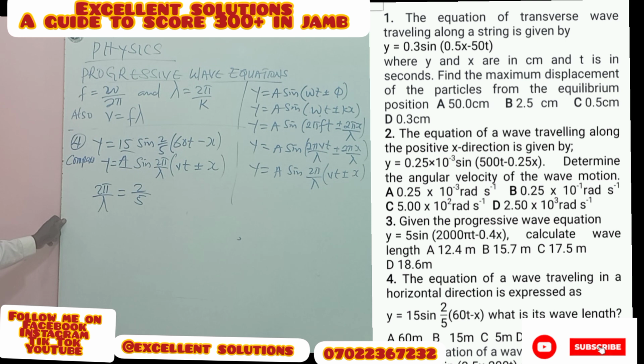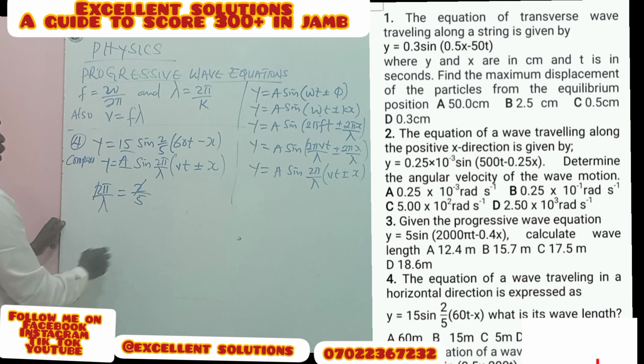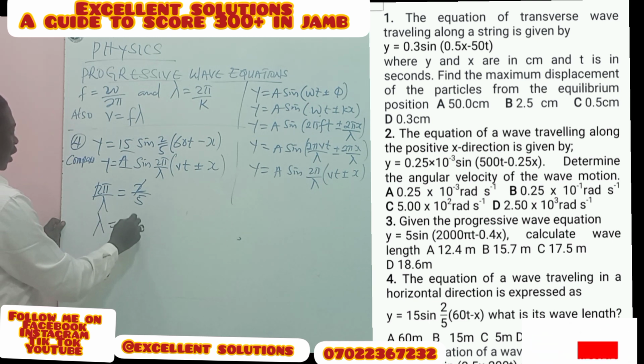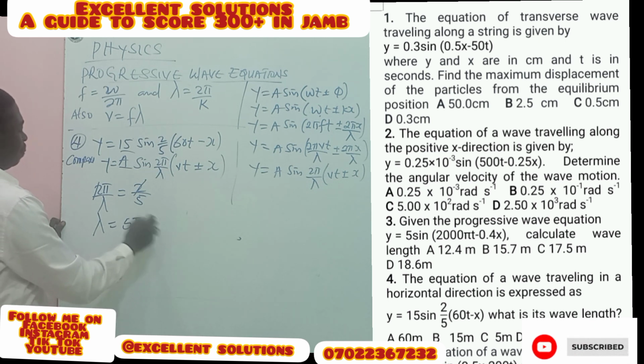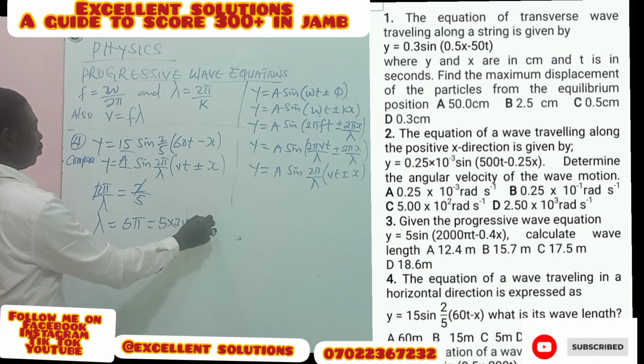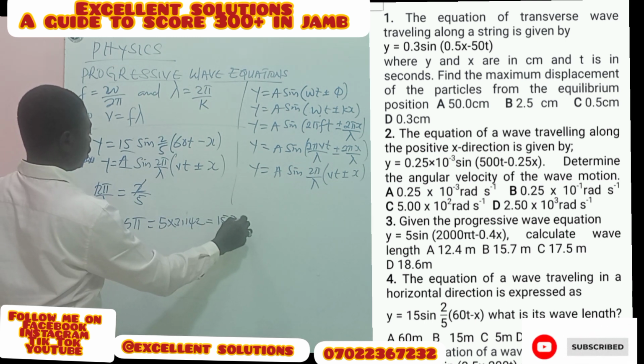So we can now say 2 pi upon lambda is equal to 2 upon 5. In this case, we have 2 cancel 2. We cross multiply, and we are going to have lambda equals 5 pi. And 5 pi is the same as 5 times 3.142, which gives us 15.7 meters.